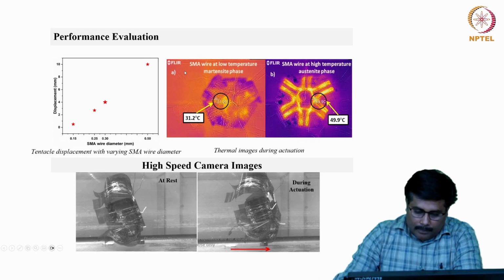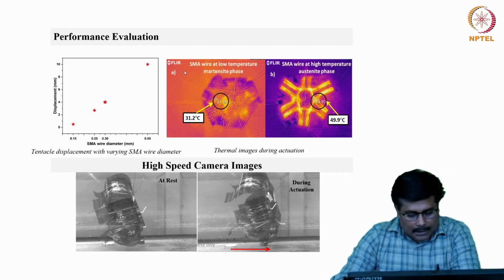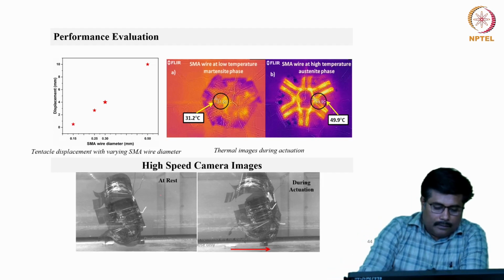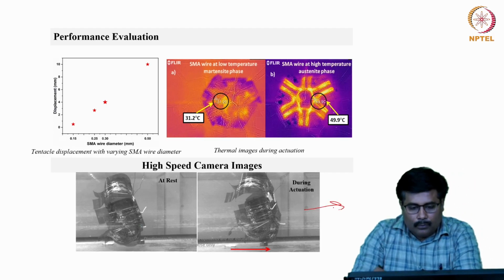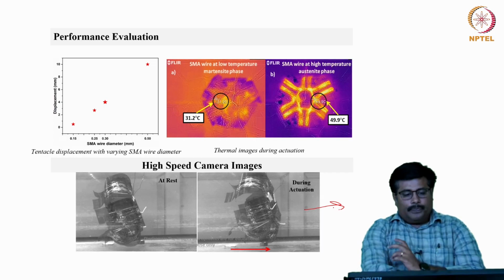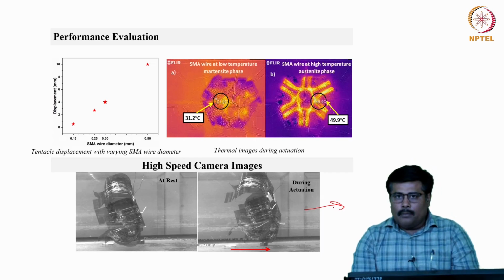In fact, this is a kind of a performance evaluation. In this structure, if you see, this is a polyamide structure. So it's a tethered kind of system, where we have a system at rest, and during actuation it moves in this direction. In this particular case, we have an SMA wire diameter.